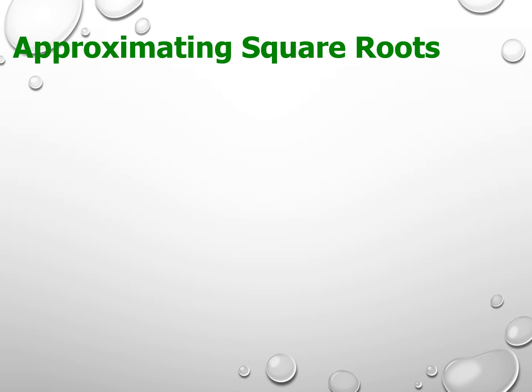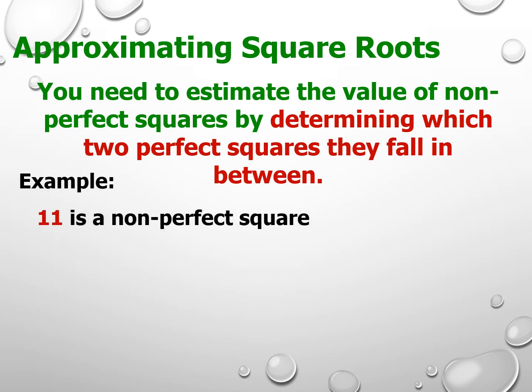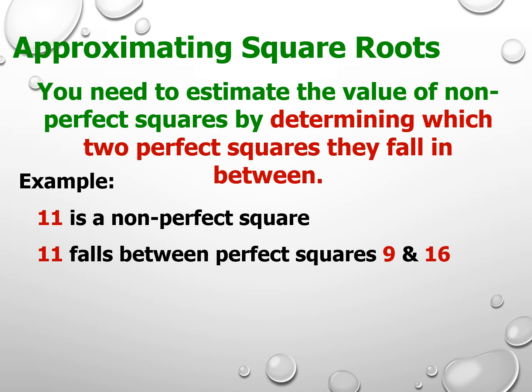Now let us approximate square roots. You need to estimate the value of non-perfect squares by determining which two perfect squares they fall in between. So example, 11 is a non-perfect square, and 11 falls between perfect squares 9 and 16.